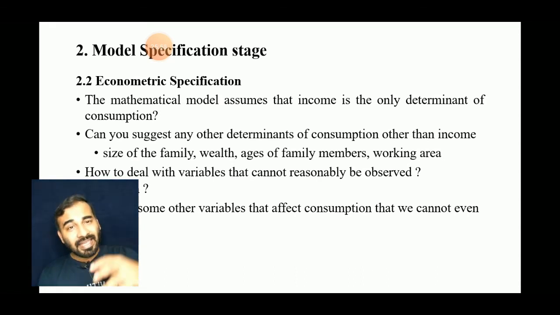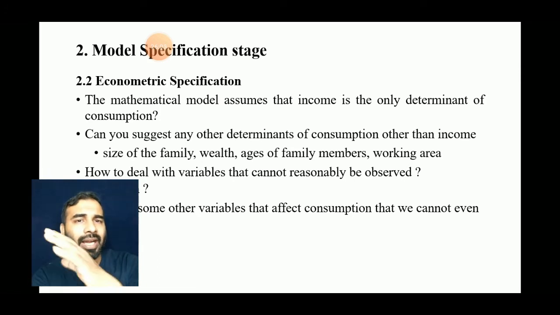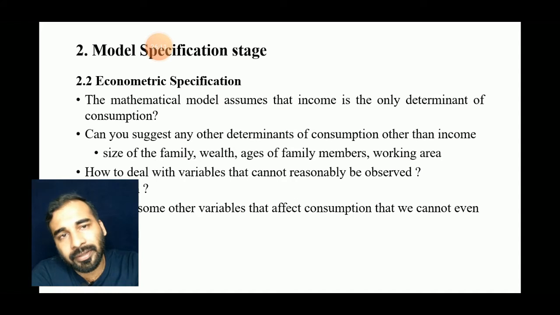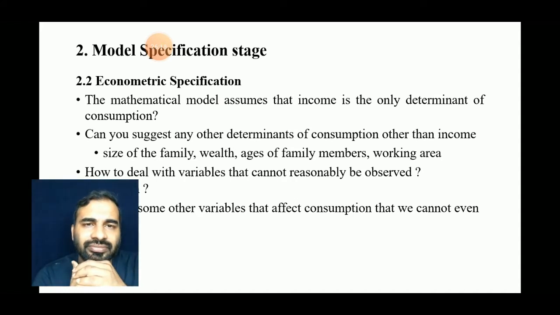And there are some other variables that affect our consumption that we cannot even list. For example, I have given each of you 500 rupees. Then we went to a restaurant and I told you to buy whatever you want.